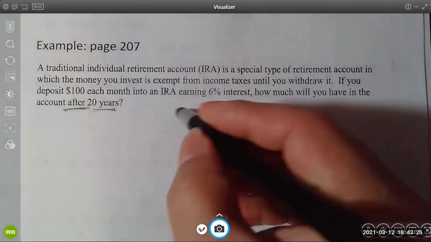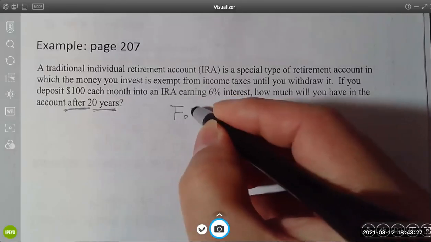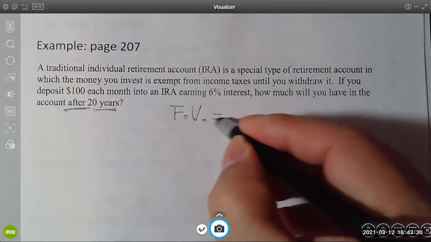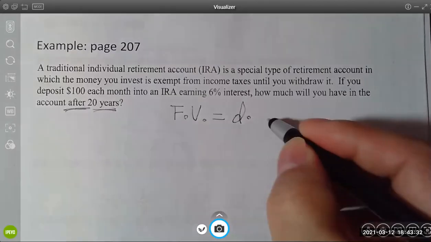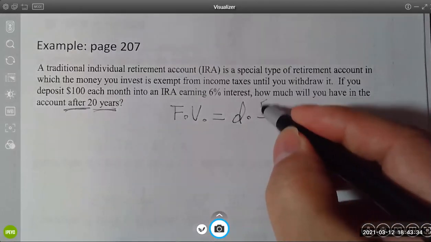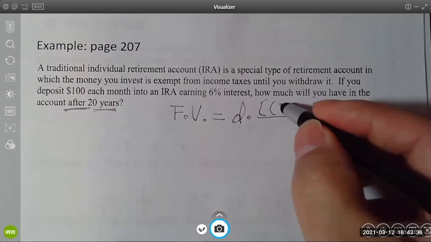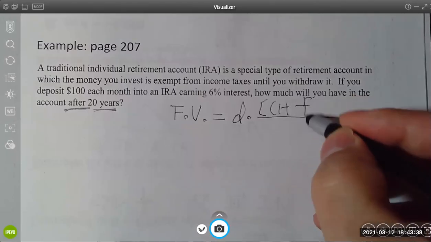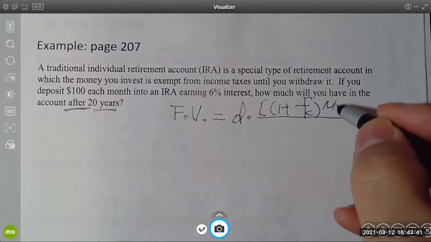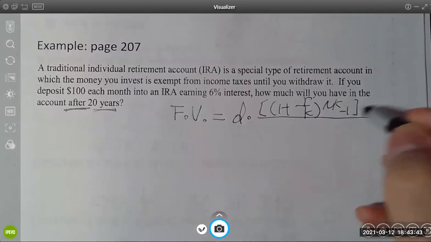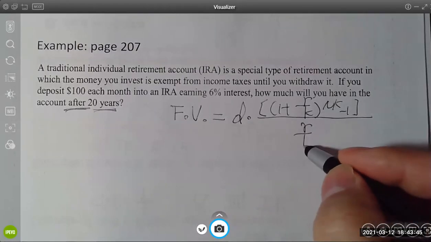So I'm going to write down that formula here for convenience. Future value equals single deposit amount times parentheses 1 plus r over k to the power of nk, then minus 1, over r over k.